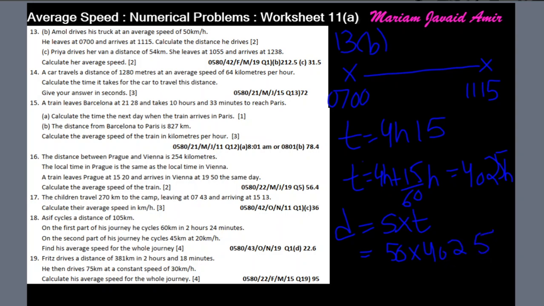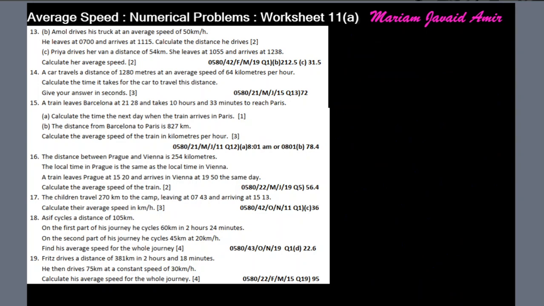So 4.25 times 50 is 212.5 kilometers, which is the distance. So this is the answer for 13B. Then 13C. Priya drives a van a distance of 54 kilometers.